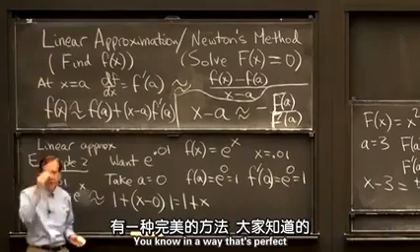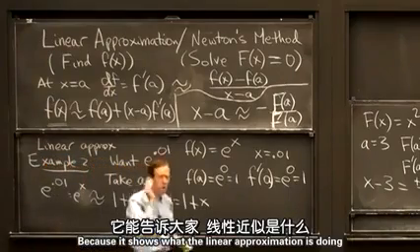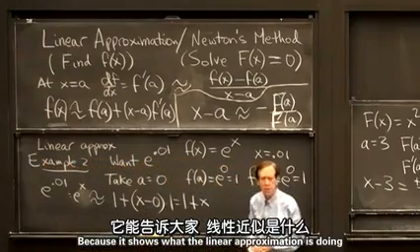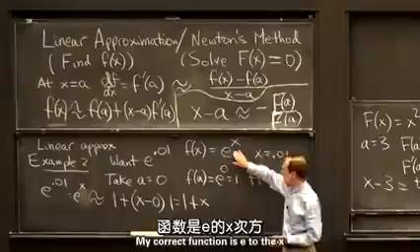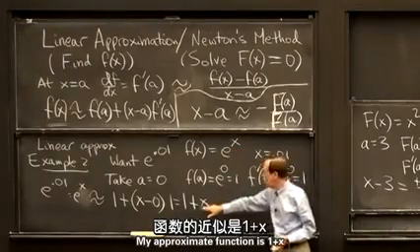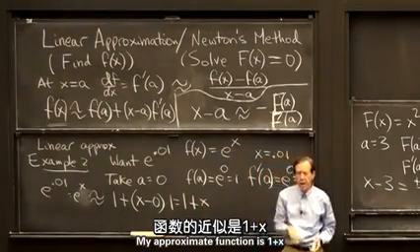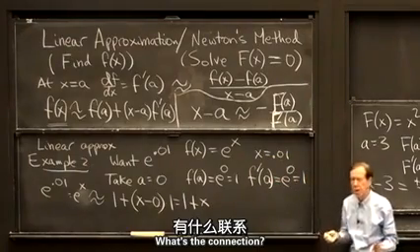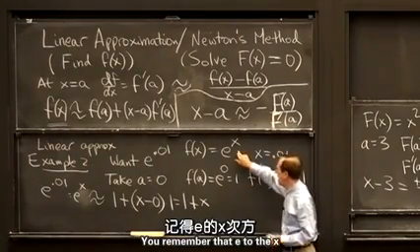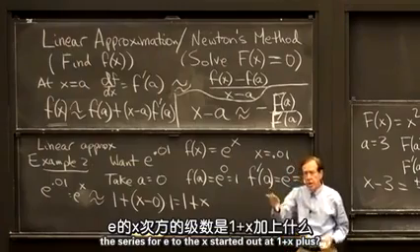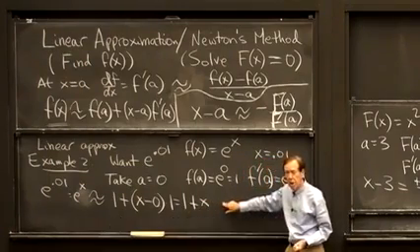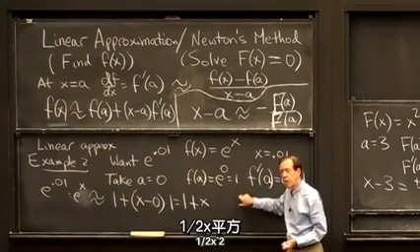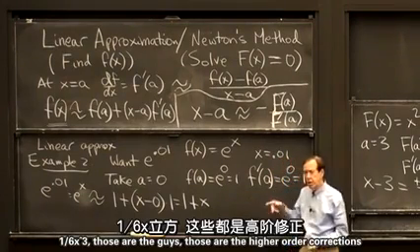You know, in a way that's perfect, because it shows what the linear approximation is doing. You remember the series for e to the x? My correct function is e to the x. My approximate function is 1 plus x. What's the connection? You remember that the series for e to the x started out 1 plus x plus 1/2 x squared, 1/6 x cubed.